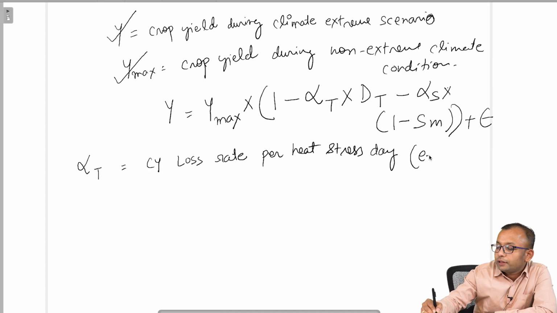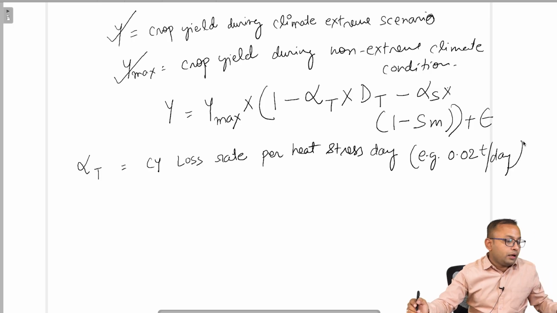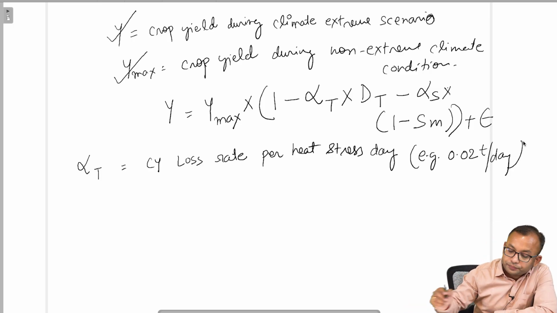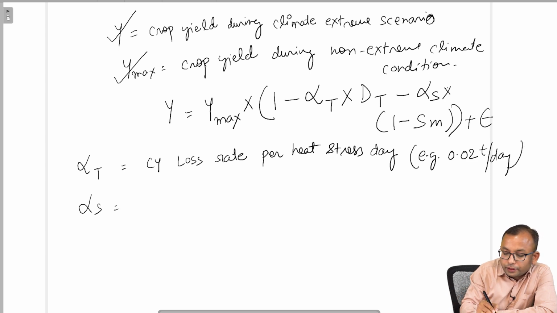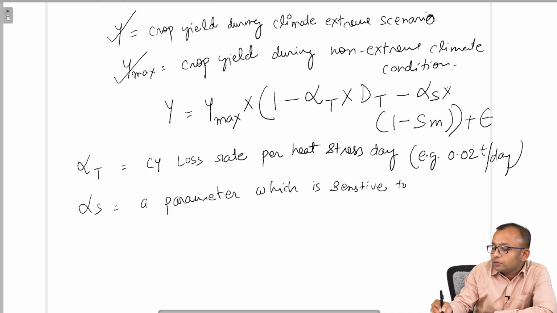Let us say we can take this value as 0.02 tons per day or something like this. And let us say this alpha s is basically a parameter which is sensitive to soil moisture.